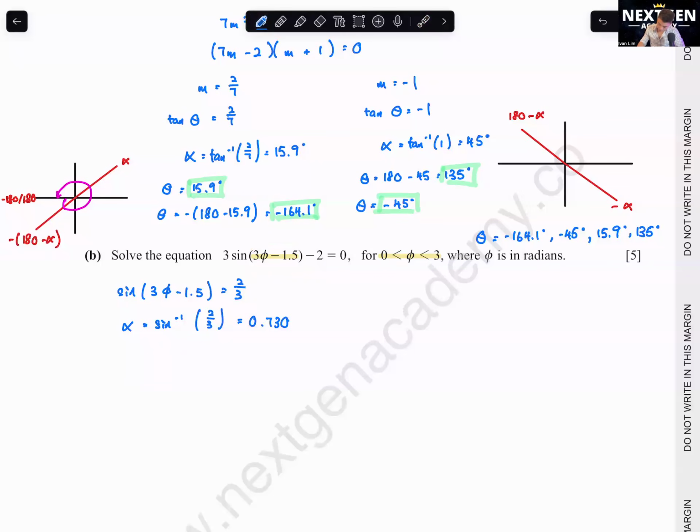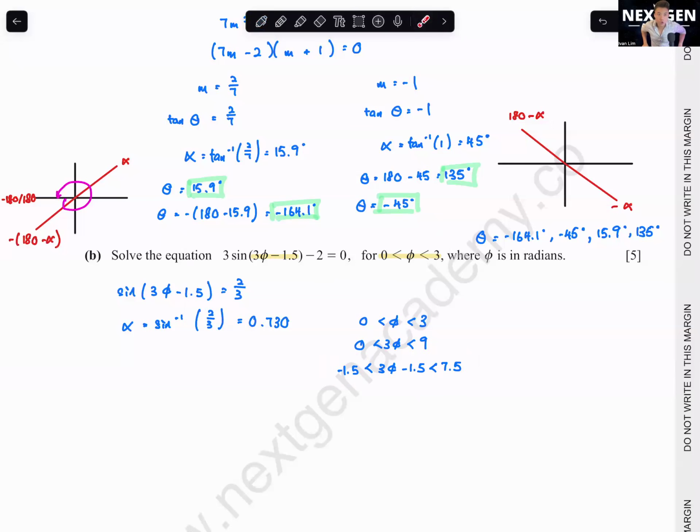So here is 0 to 3 phi. We multiply it by 3, this one will become 9 phi. Then 3 phi minus 1.5, you minus 1.5 to all the values. We will get here from minus 1.5 to 7.5. So that means the domain of values that we want is from negative 1.5 to 7.5.